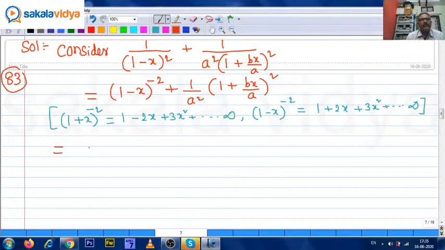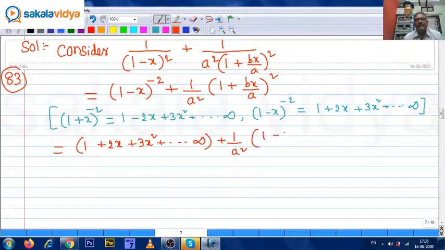So this can be written now as 1 plus 2x plus 3x square plus so on to infinity, plus 1 by a square multiplied with 1 minus 2 times bx by a plus 3 times b square x square upon a square plus so on to infinity.